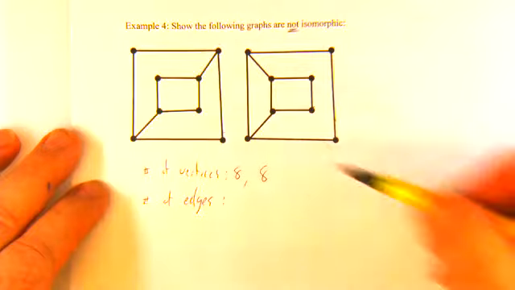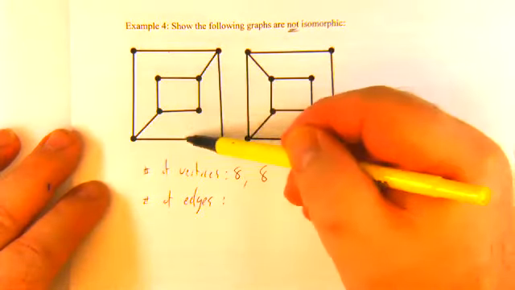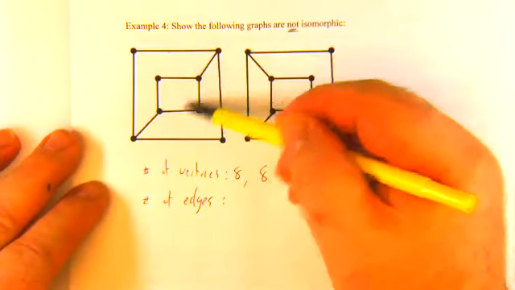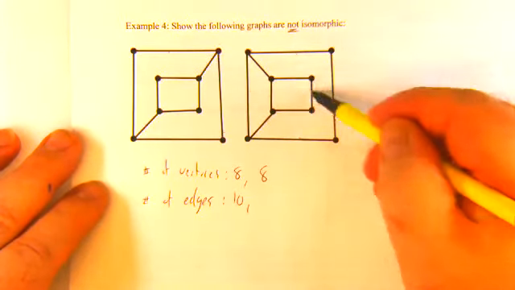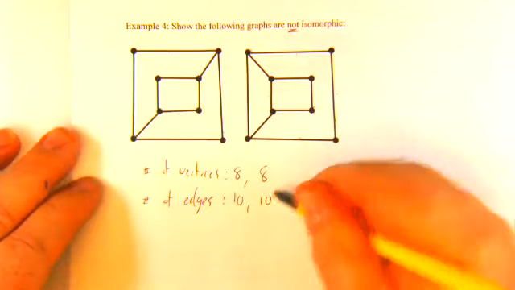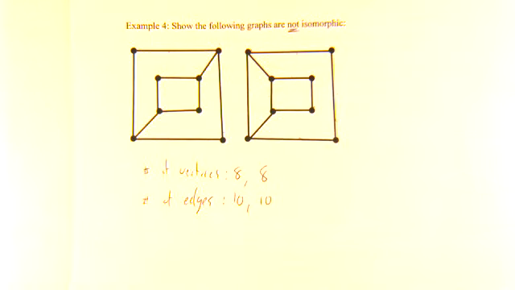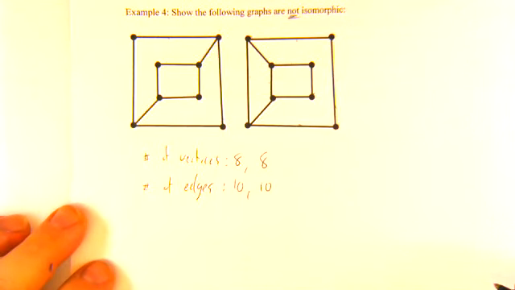Number of edges: 1, 2, 3, 4, 5, 6, 7, 8, 9, 10 on the one on the left. 1, 2, 3, 4, 5, 6, 7, 8, 9, 10 on the one on the right. Those match up. That means they might be isomorphic, they might not.